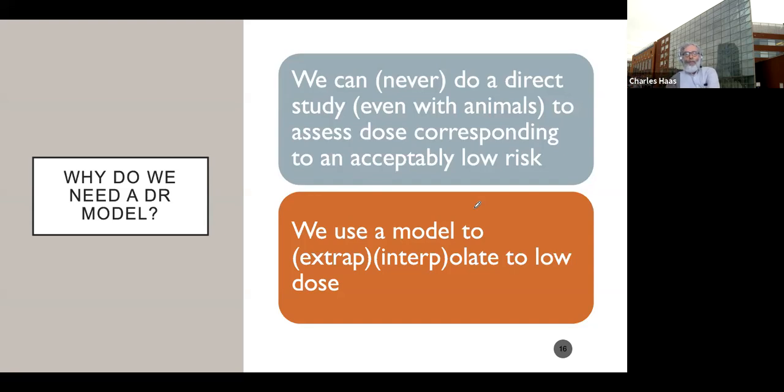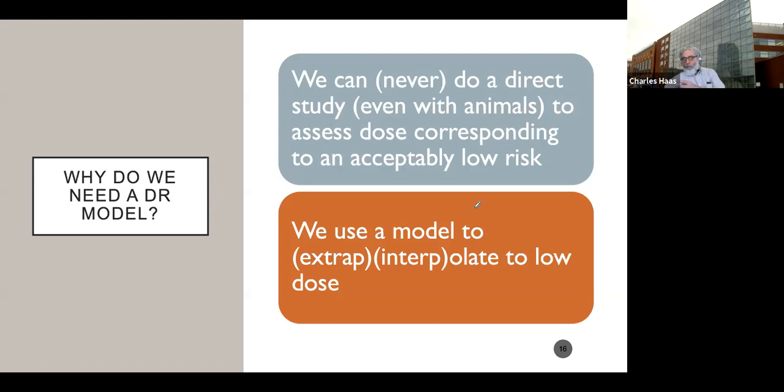We can really never do a direct study, even with animals, to assess the dose that would correspond to such a low risk. To do a study to directly determine the 1 in 10,000 exposure level, we would essentially need some multiple of 10,000 animals. And that's simply, even with an animal study, a multi-million-dollar study.